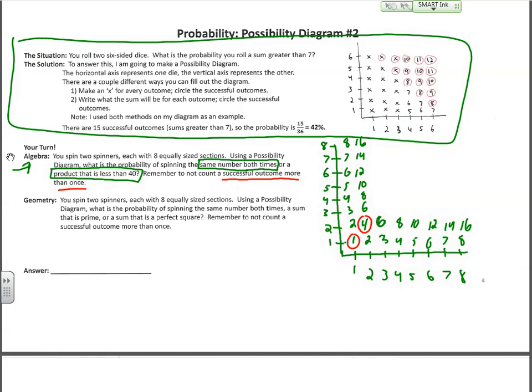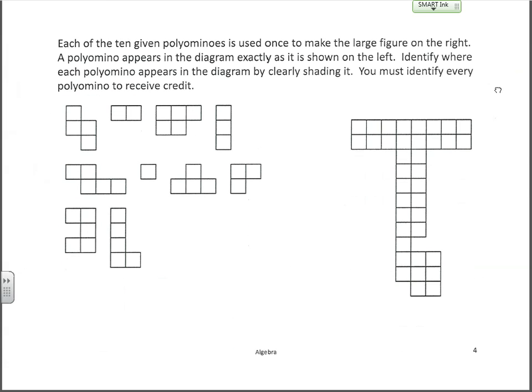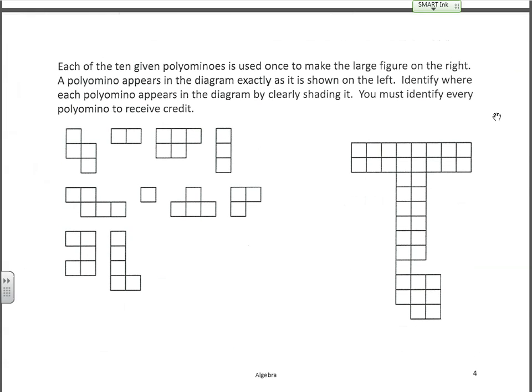And the last page is your polyomino. I tried to make a T, but couldn't quite figure it out. As with anything with these pieces, you can definitely use logic to help you set this up. For example, what's that? You finished it? Good.